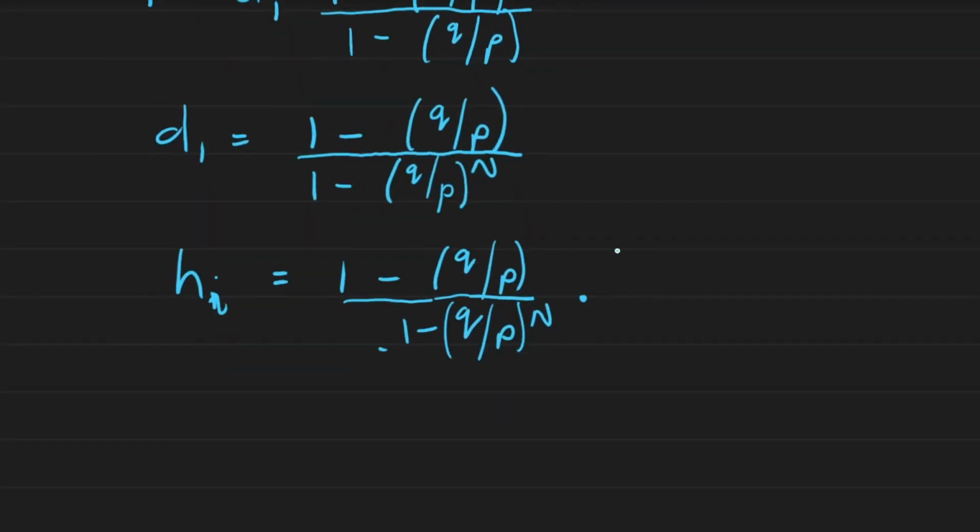So when we do that, we get 1 minus (q over p) to the power i, divided by 1 minus, that's 1, so that's 1 minus q over p.